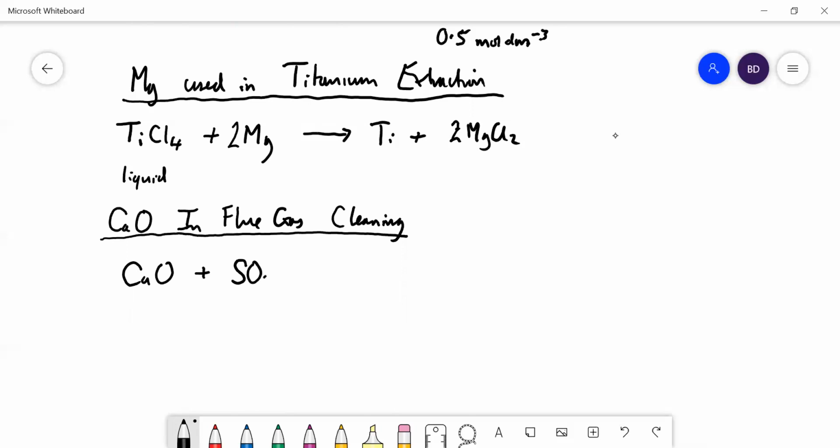Any SO2 which is made when you're burning the coal, which we don't burn much of in this country anymore, would cause acid rain. That reacts with the calcium oxide to form calcium sulphate solid, so it prevents this gas getting into the atmosphere causing acid rain. So there's just those two little throwaway bits in the spec that I thought I should mention before we finished up group 2.